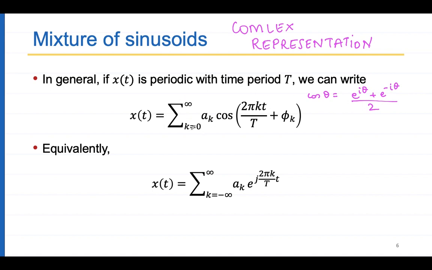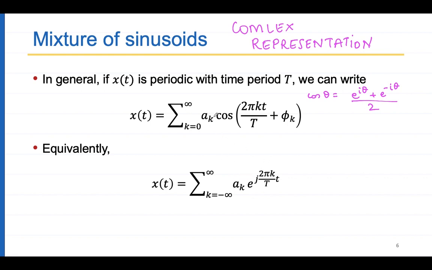So I can extend my limits of k, instead of 0 to infinity, to minus infinity to plus infinity. And then this cos gets converted into e^{i(θ+φ)}, and e^{iφ} and a_k can be absorbed to make another a_k tilde, and we get this.